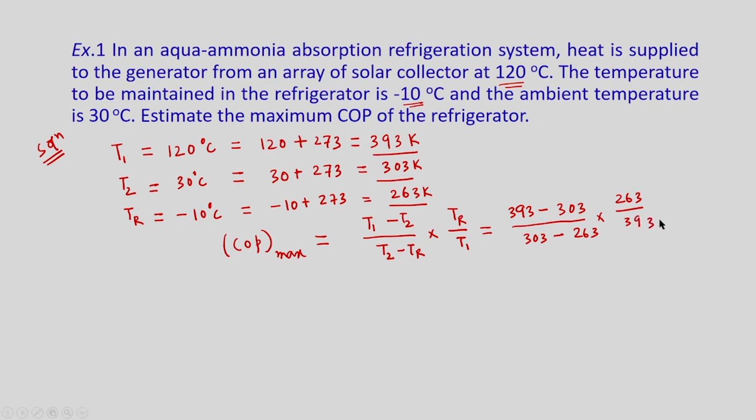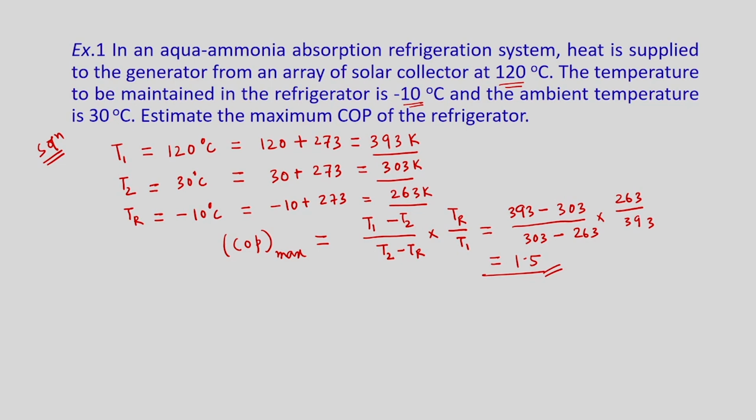If we do the calculation, it is found to be 1.5, right. So, the maximum COP of a vapor absorption refrigeration system is found to be 1.5, okay, which is very low if we compare with a vapor compression refrigeration system, right.